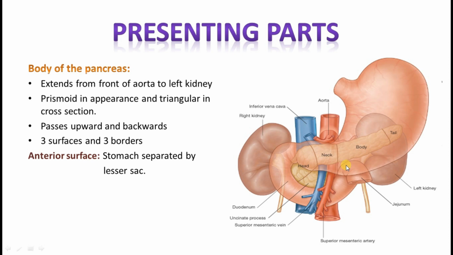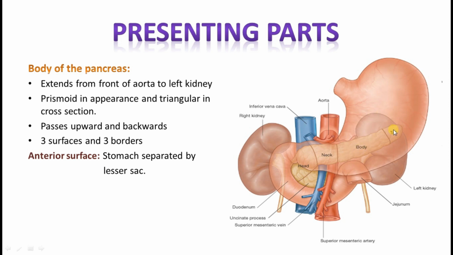So all these structures that you are able to see behind the stomach, the pancreas, the kidney, renal vessels, splenic artery, are the stomach bed structures. So the body of the pancreas itself is a part of the stomach bed structures.